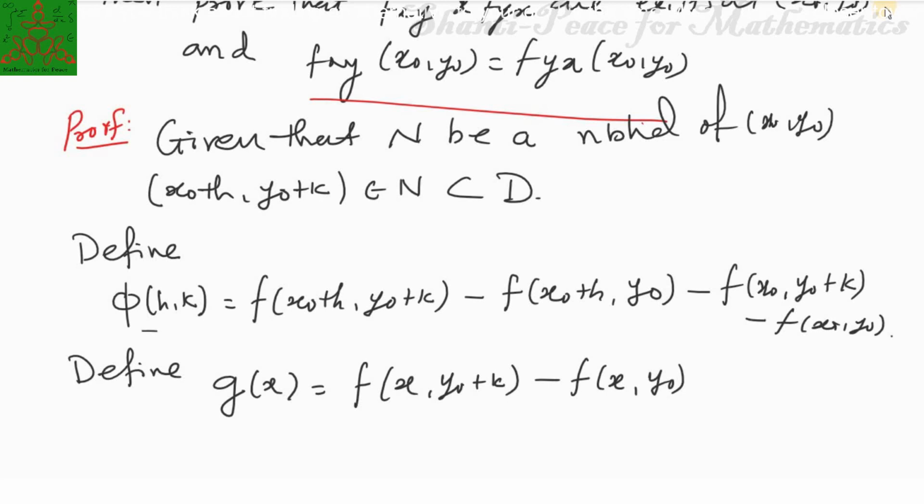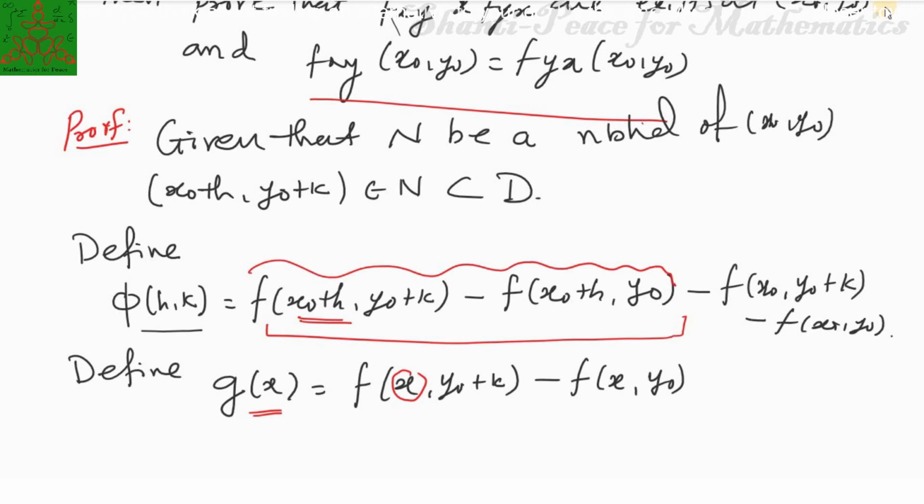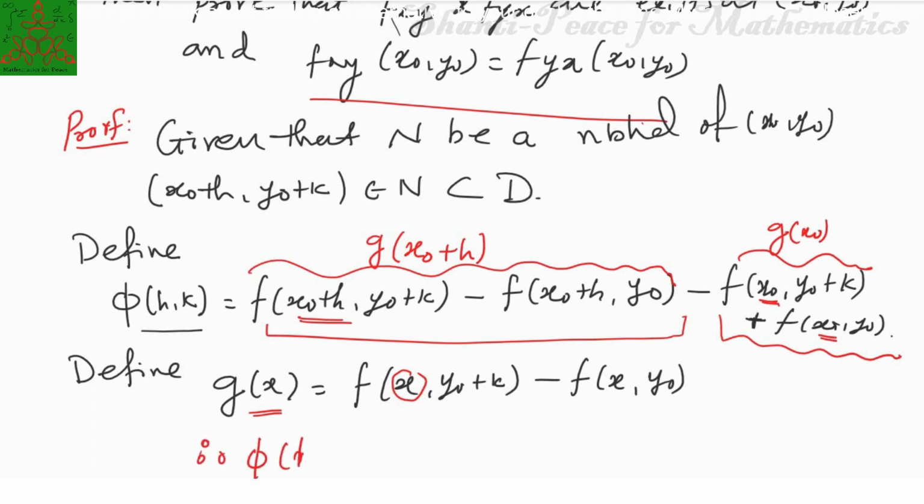If you observe φ(h, k), the first two quantities can be written in terms of g(x), with x replaced by x0 + h, so they are g(x0 + h). The other two quantities, with a minus sign, are g(x0). So we can write φ(h, k) = g(x0 + h) − g(x0).